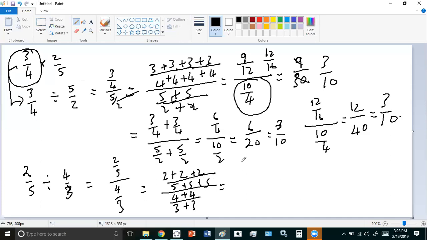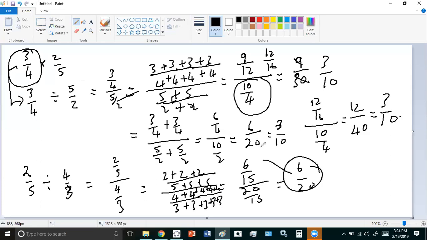And that's going to give us 6 over 15. Maybe we should, to get the same denominator, add this another 3 times, like so. We'll get there 20 over 15, which is the same as 6 over 20, which is what we got over there doing it this way.